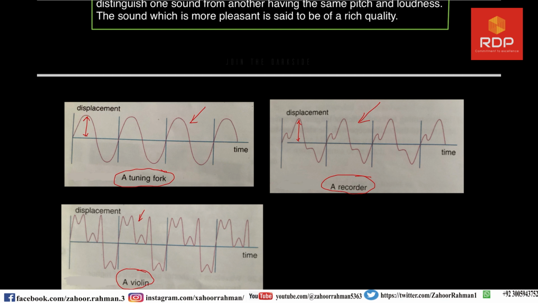In case of a tuning fork, the waveform produced is a sine curve. For other instruments such as the recorder and the violin, the waveforms are different even though the notes produced have the same frequency and amplitude.